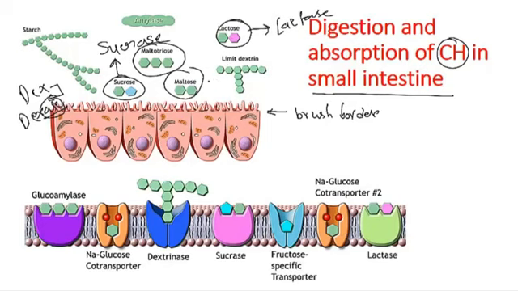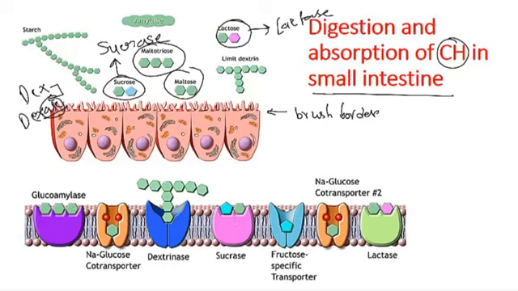Now most nutrients are absorbed by transepithelial transport. What is that process? There are different transporters present in the epithelial cell membrane. Normally it could be primary or sometimes secondary active transport. In secondary active transport, glucose and galactose are co-transported inside the cell together.